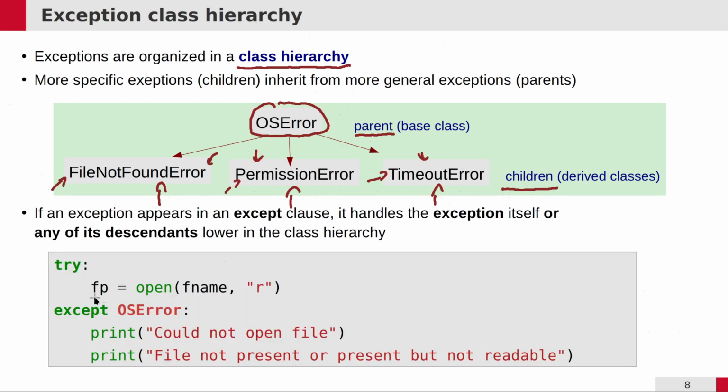In our example, when I open the file, I could just say, okay, except OSError. And if any kind of error happened which has to do with the operating system, so that the operating system could not open the file, then I will handle it somehow, and the details, whether it was a FileNotFoundError, a PermissionError, or a timeout error, are irrelevant here.